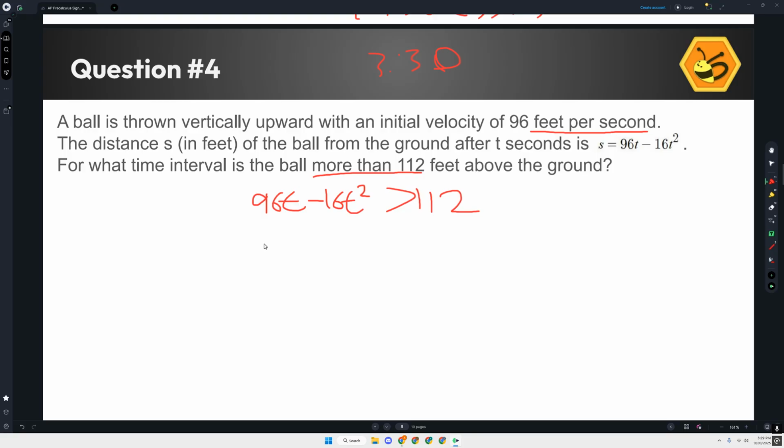There's not much math for this question. This is just to read the question. You could try dividing by 4, so then you would get 24t minus 4t squared over 28. And then you could divide by 4 again: 7t minus t squared. Oh, it's 6t, my bad.